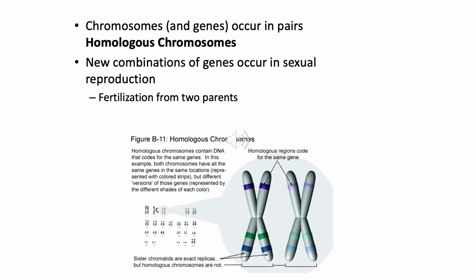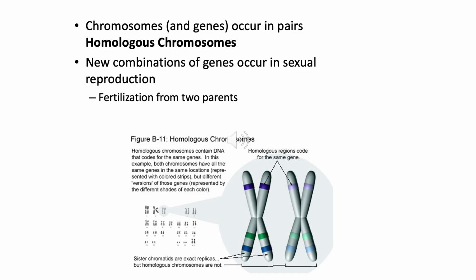So this figure B11 here shows the homologous chromosomes. Homologous regions code for the same gene. So homologous chromosomes contain DNA that codes for the same gene.